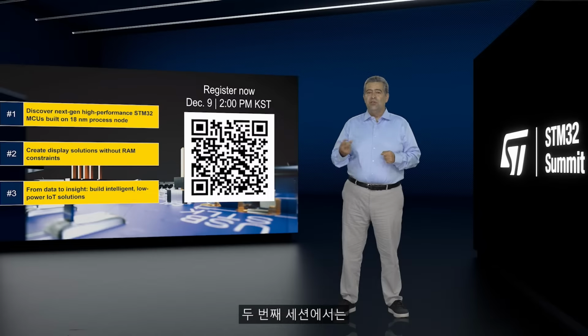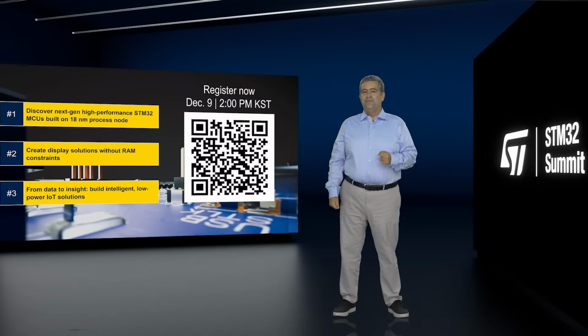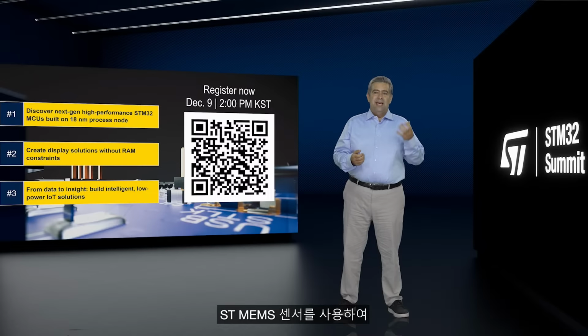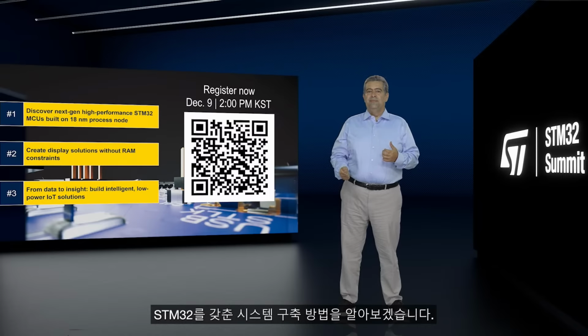A second session will take a deeper look at the latest innovation in our TouchGFX graphic software. And our third session will look at how you can use an ST MEMS sensor with embedded Edge AI capability to build a system with the STM32 that delivers optimal power efficiency.